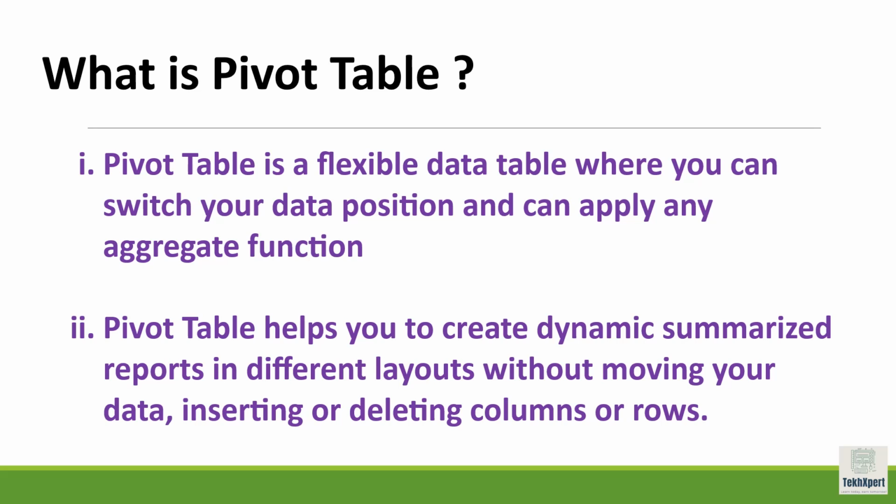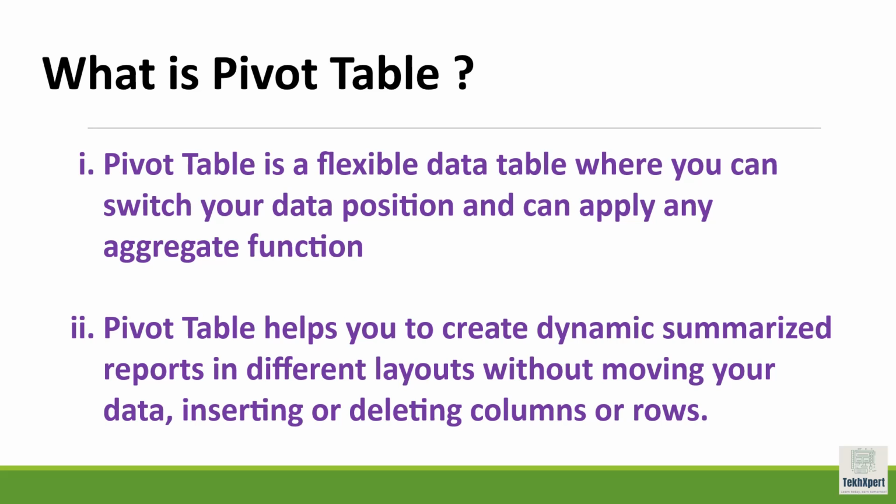It means that in a static table or a normal Excel sheet, when you have data, you have to move the position of the data from rows to columns or columns to rows. That is a tricky and a hectic work as well.